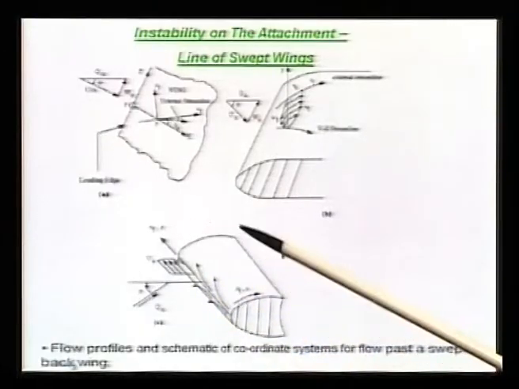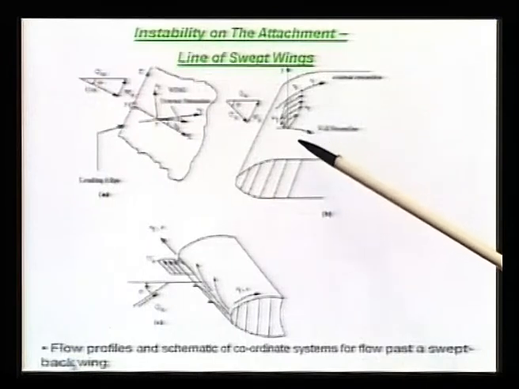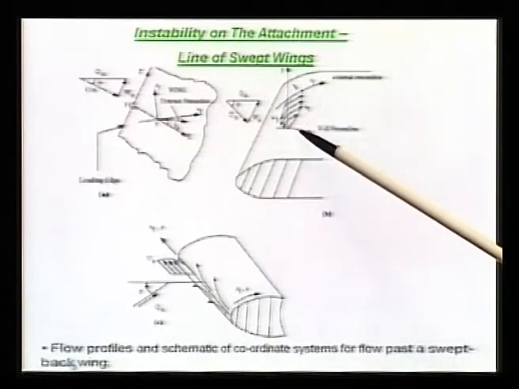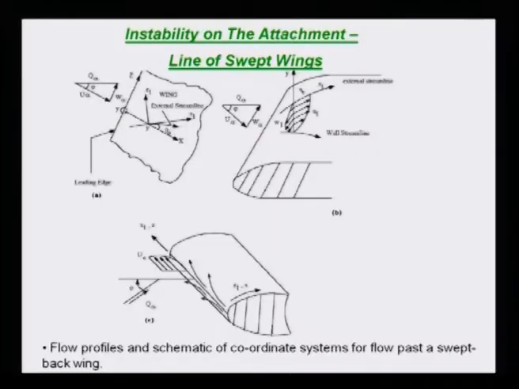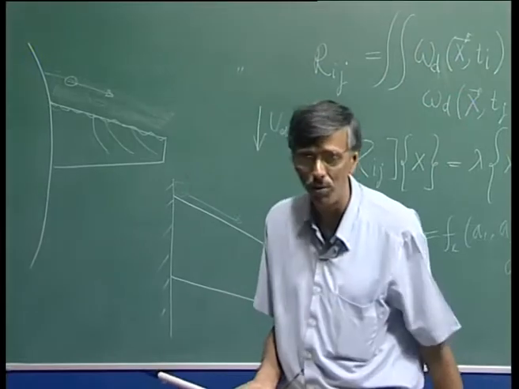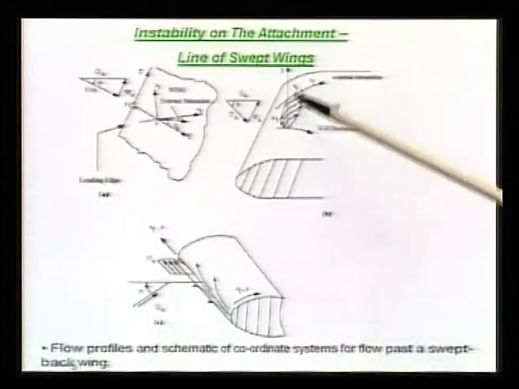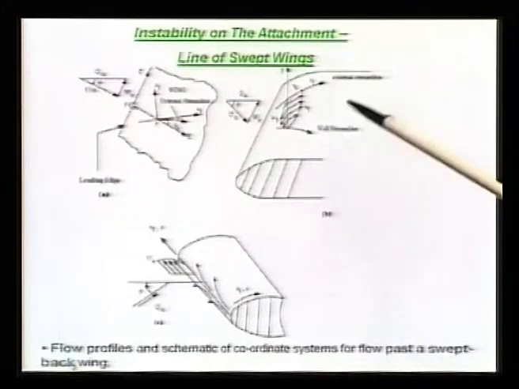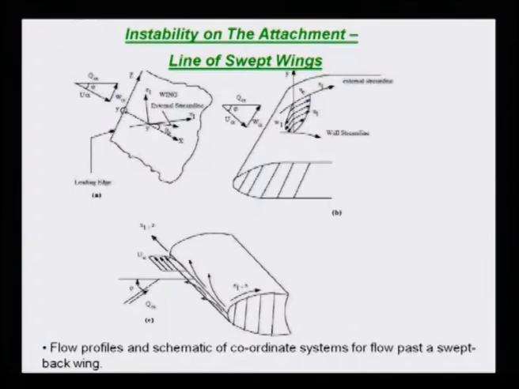It is extending towards you, and in that flow you notice that there is this wall streamline. You can talk about a streamline which is indicative of the flow direction on the wall, and once you move out of the shear layer, you get another streamline that we call the external streamline.